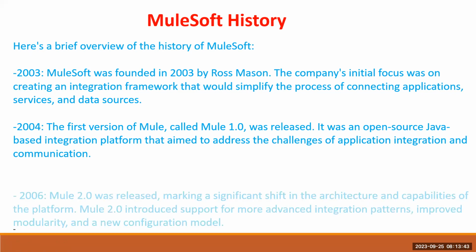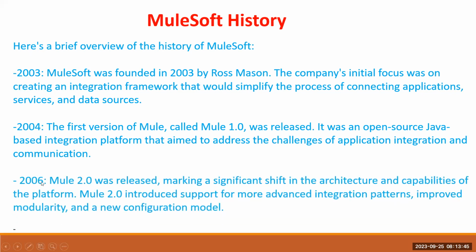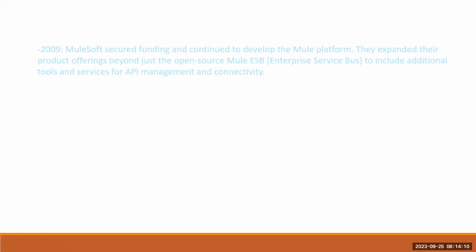Okay. So Mule version 2 they released in the year 2006, making a significant shift in the architecture and the capabilities of the platform. It supports all the advanced integration patterns, improved modularity, and a new configuration model in 2006.